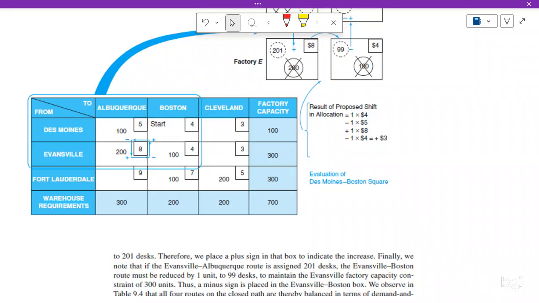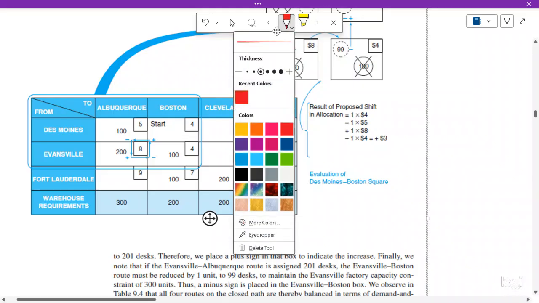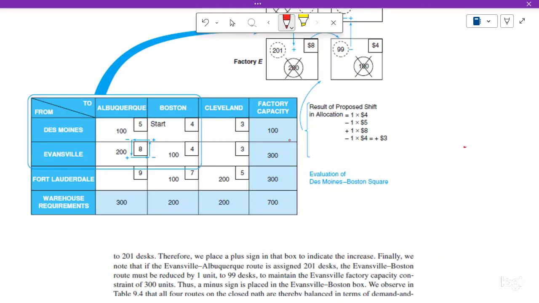So now, with this method, you must always start with the empty block, the one at the top there, which is this one. So we're saying plus here, we're going in that direction. We say negative here, then we say plus here, then we come back here.